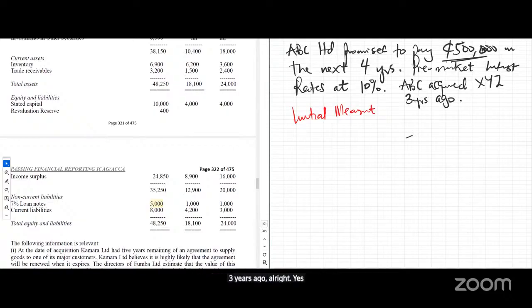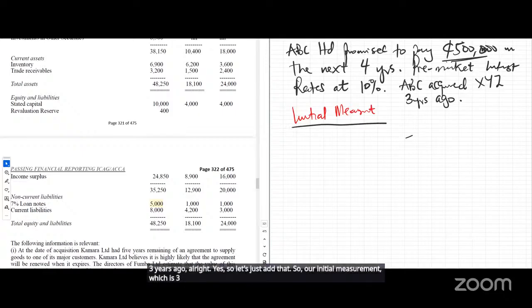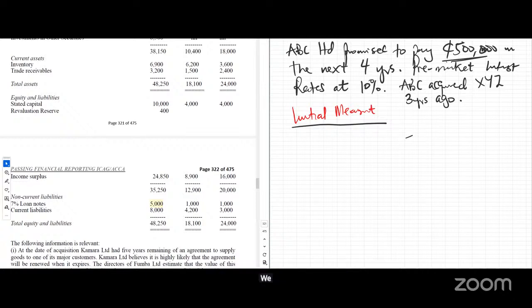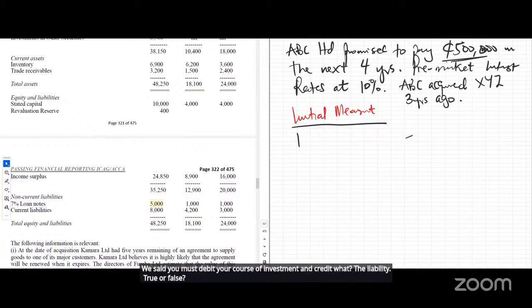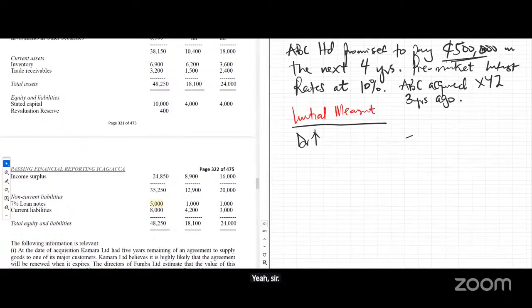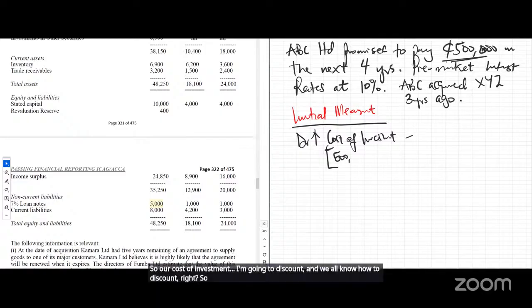So let's just add that. Our initial measurement, which is 3 years ago, the date of acquisition, we said you must debit your cost of investment and credit what? The liability. True or false? Yes, sir. So this is what you add to cost of investment. That's the present value, right? So for our cost of investment, I'm going to discount, and we all know how to discount, right? So I'm just going to take this 500,000 and multiply by 1.1 raised to the power negative what?